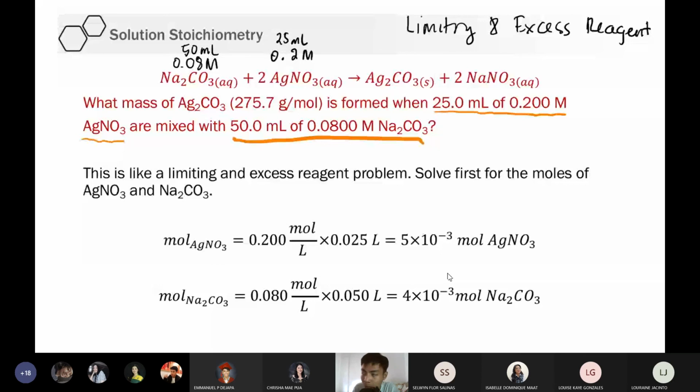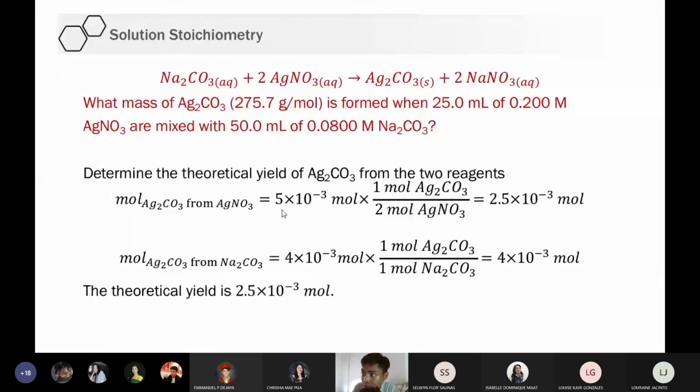I-convert sila into the product, which is silver carbonate, using stoichiometry, such as shown here. Okay, so from silver nitrate to silver carbonate, that is 2.5 times 10 raised to negative 3 moles. Yan yung mapoproduce. From sodium carbonate to silver carbonate, ang mapoproduce ay 4 times 10 raised to negative 3 moles ng product.